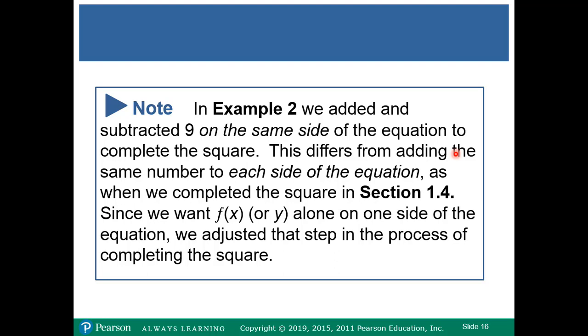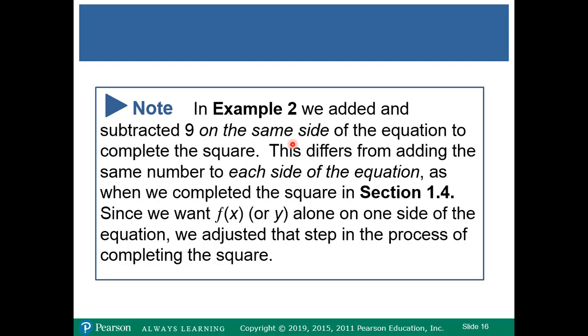Okay. Now, in example 2, we added and subtracted 9 on the same side of the equation to complete the square. This differs from adding the same number to each side of the equation, but it's the same thing. When we completed the square in 1.4, we added the same thing to both sides of the equal sign.